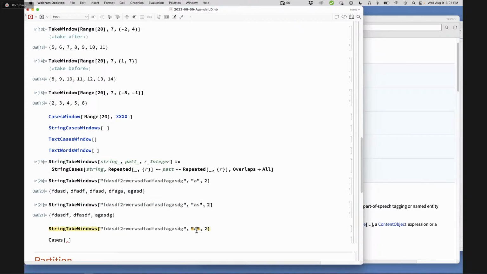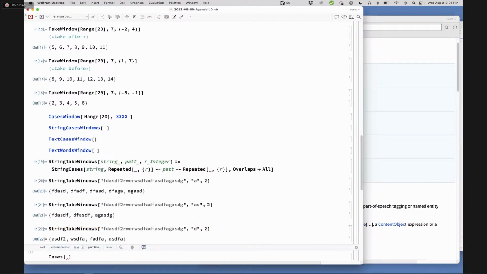Maybe. Flanking cases, something. Yeah. What happens if I go 3 away from this?